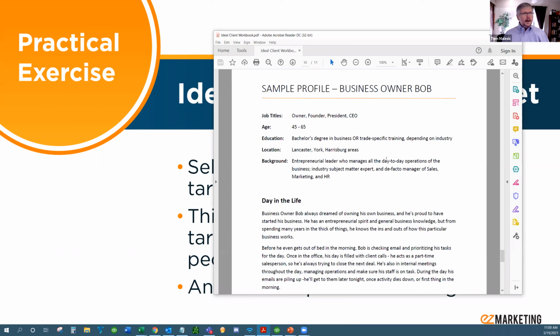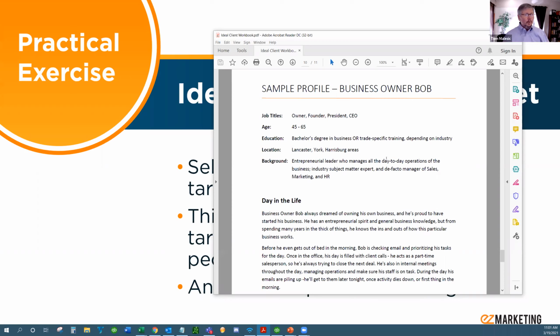So for the most part, Bob would be between 45 and 65 years old. He has some level of education. Mostly our customers are local. But Bob's really an entrepreneur, right? He manages the day-to-day part of the business. He's an expert at what he does. For the most part, he probably handles a lot of the sales, a lot of the marketing, a lot of the HR.